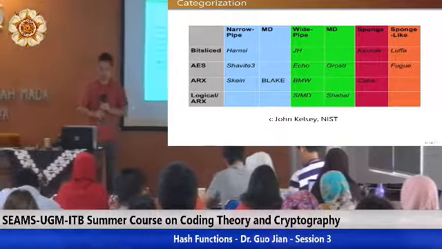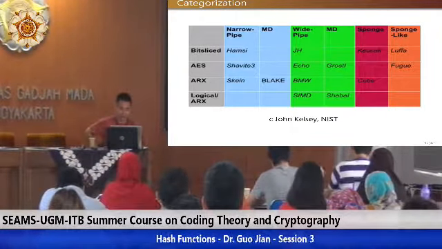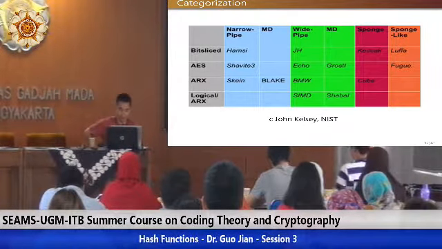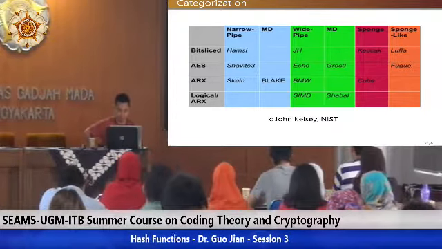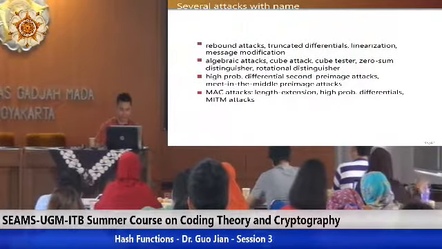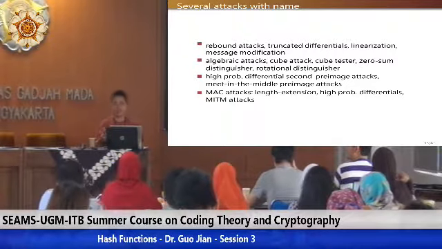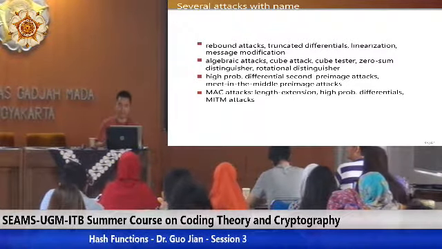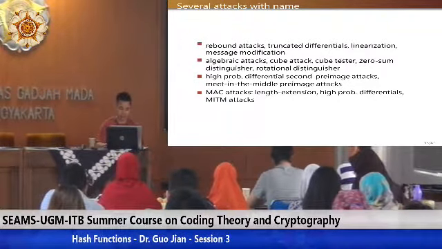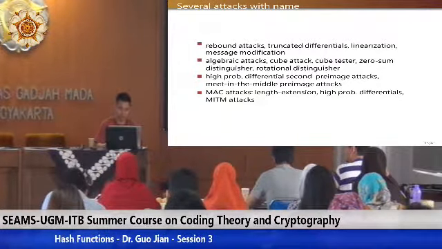So during the SHA-3 competition, several attacks were invented, because lots of people joined this field during the SHA-3 competition, so it became a very hot topic at that time. Many new attack techniques were invented, like the rebound attack, truncated differential, linearization, message modification. Message modification was the method to attack SHA-1 and MD5. Also algebraic attacks like the cube attack, cube tester attack, zero-sum distinguisher, rotational distinguisher.